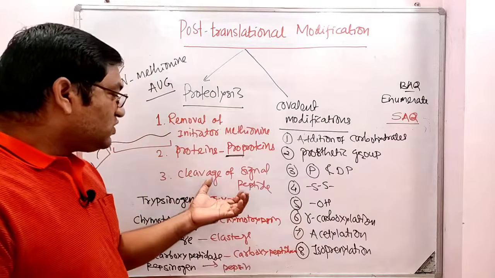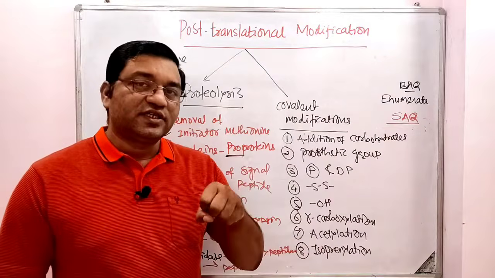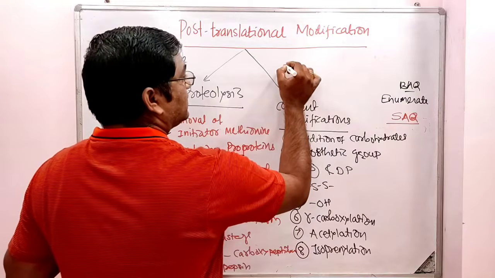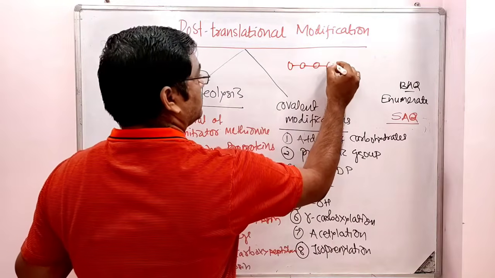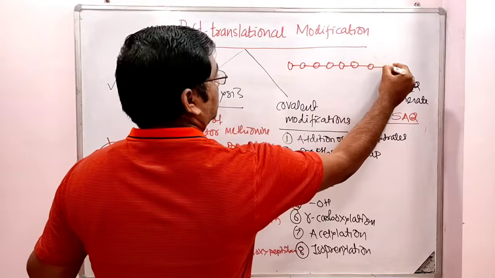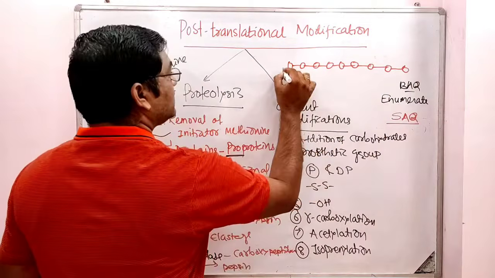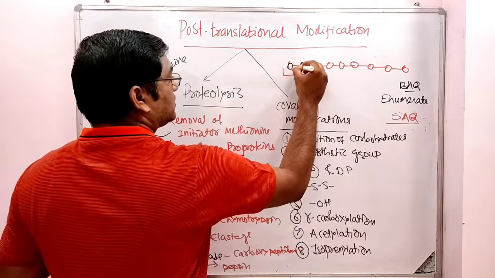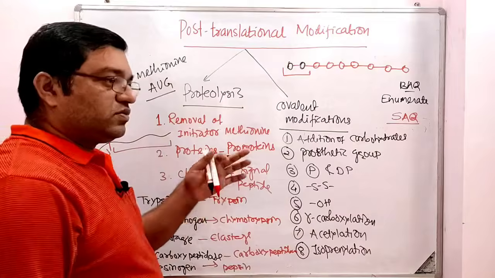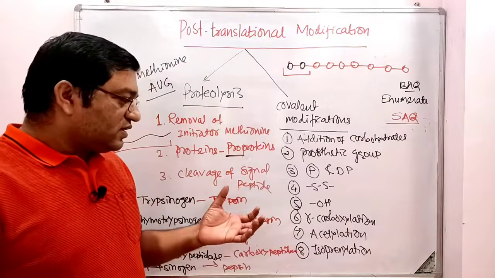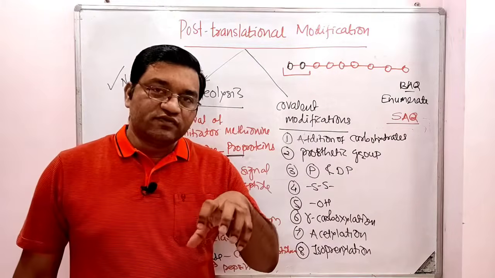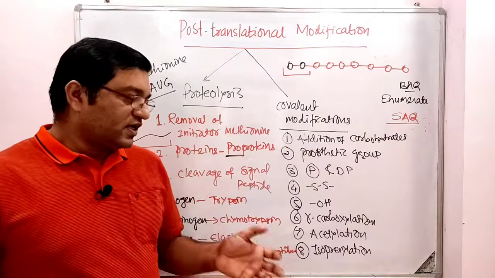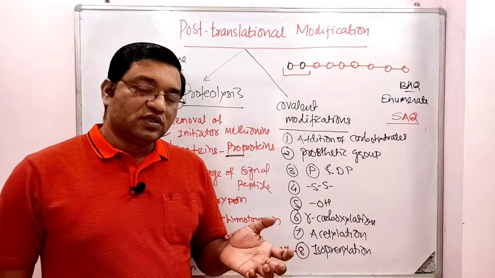Okay, then cleavage of signal peptide. There are certain signal sequences on the polypeptide chain when it is synthesized. Suppose this is the signal for some cellular organelles. So they must go to their particular place for their function. Mitochondrial proteins will go to the mitochondria, ribosomal proteins will go to the ribosomes and so on.